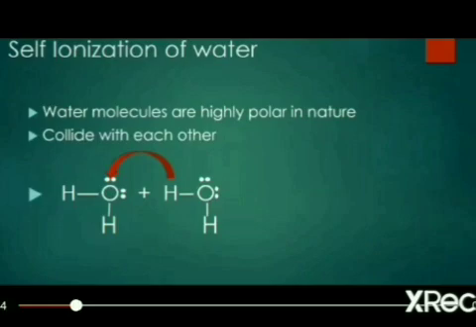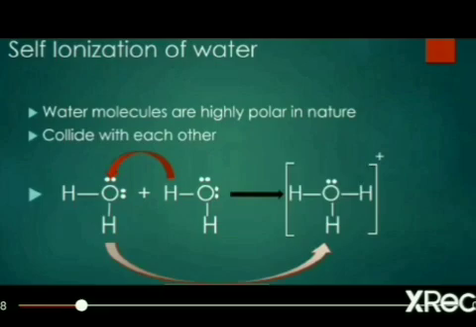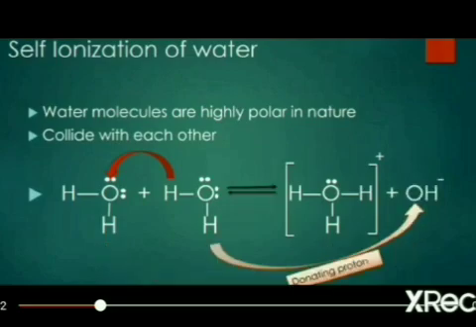One water molecule gives its proton to the other water molecule, forming hydronium ion with positive charge. The water molecule that is accepting the proton is the Bronsted base. The other molecule that is donating its proton forms OH minus ion and is the Bronsted acid.